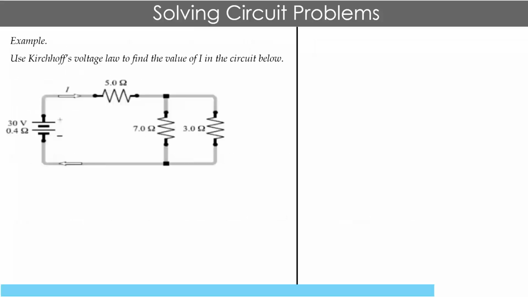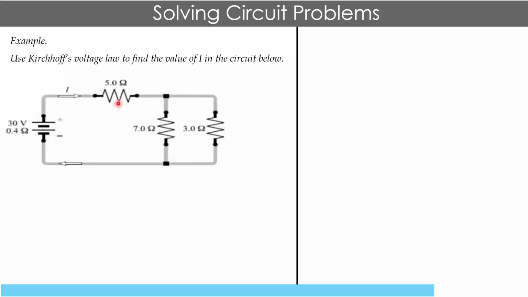So let us look at a problem. Example says, use Kirchhoff's voltage law to find the value of I in the circuit below. So in our circuit, we have 2 loops, and a 30 volts battery, having an internal resistance of 0.4 ohms, supplying current I to a 5 ohm resistor.